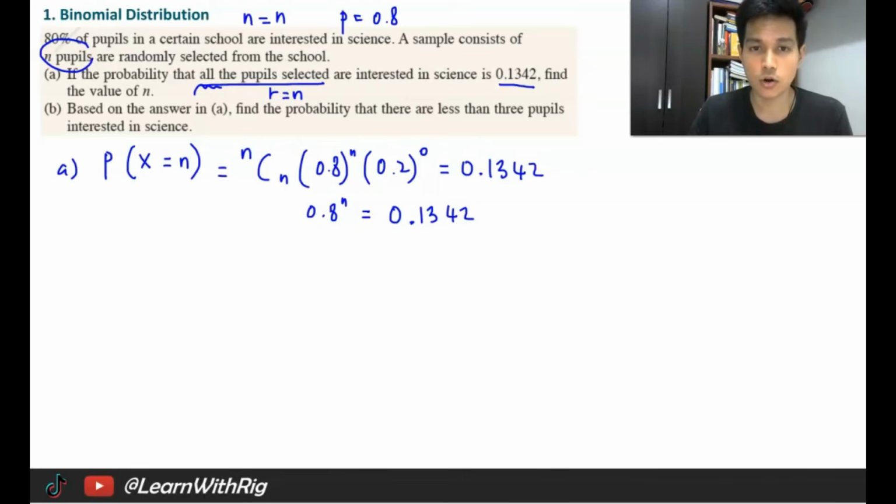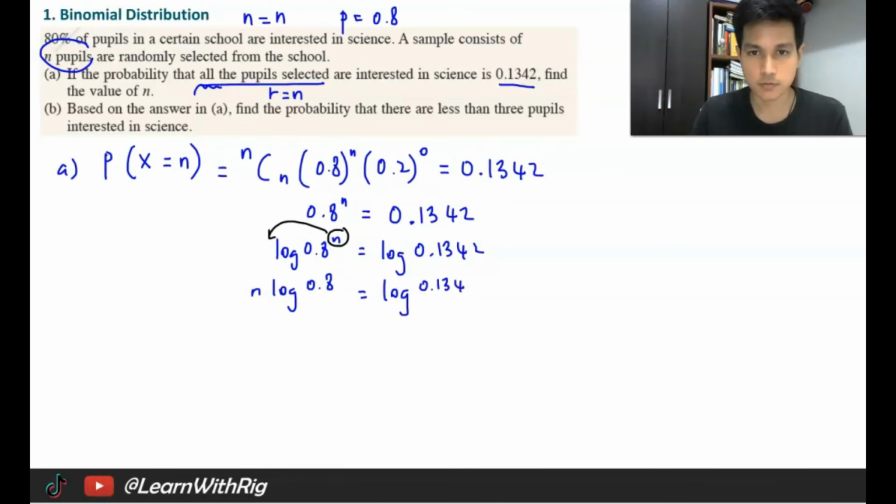By using log. So log 0.8 power n equals log 0.1342. Okay, so don't forget, one of the properties of log is the power you can shift to the front. So you get n log 0.8 equals log 0.1342.